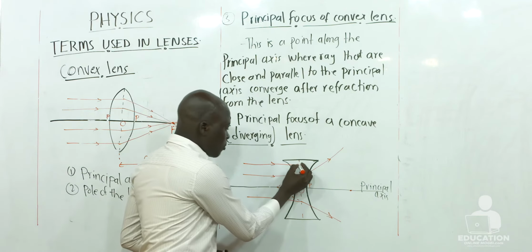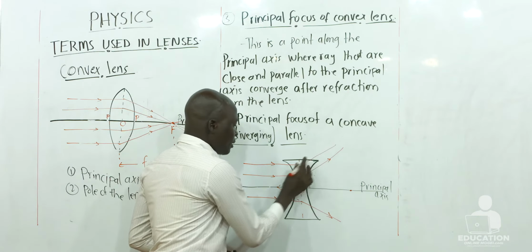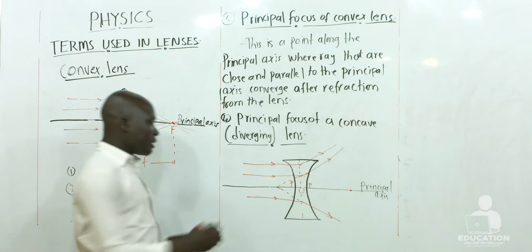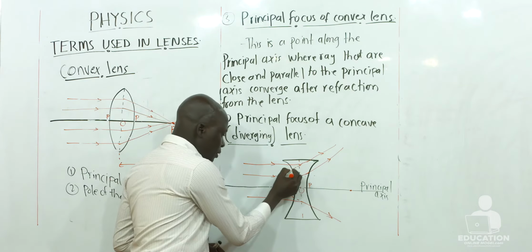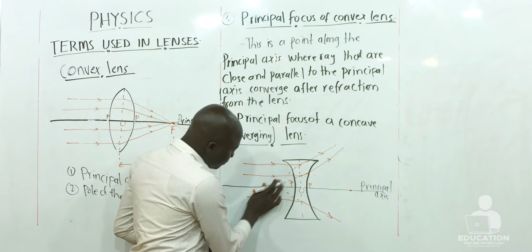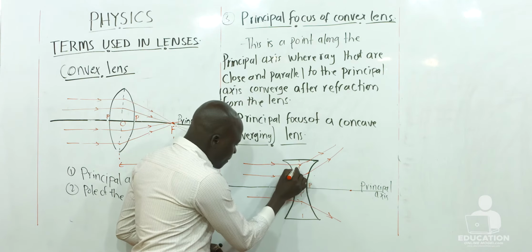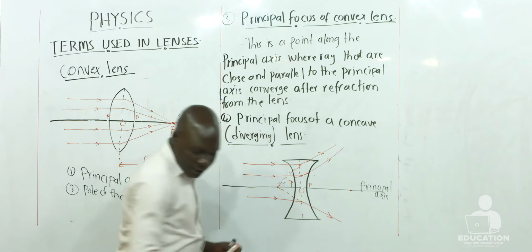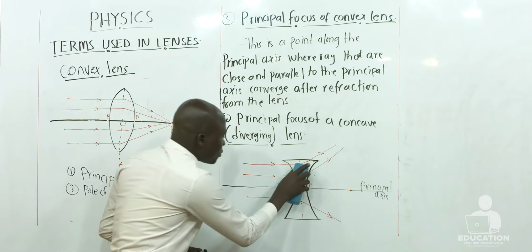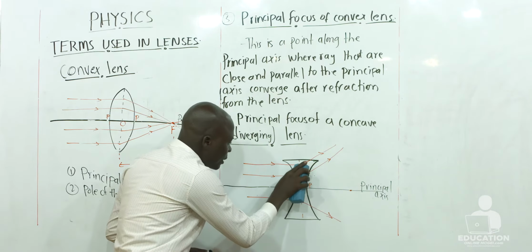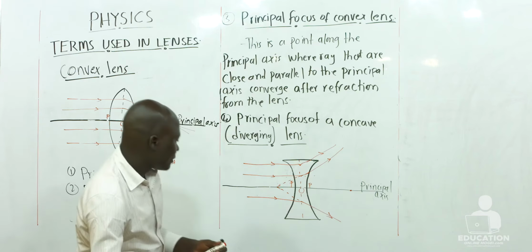This one will also be refracted in that direction, but it will appear to be coming from a certain point on the principal axis.